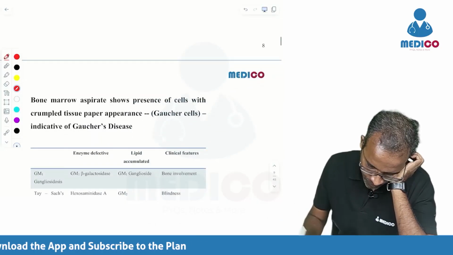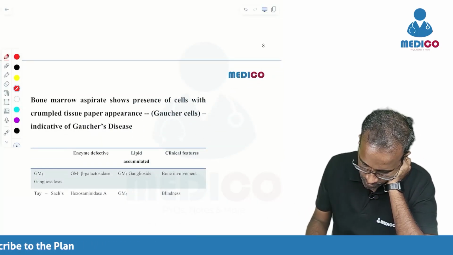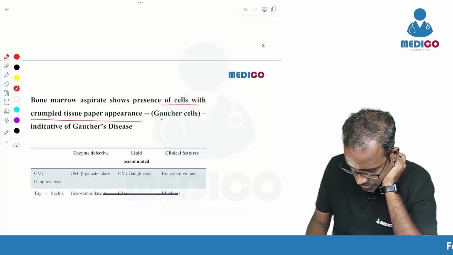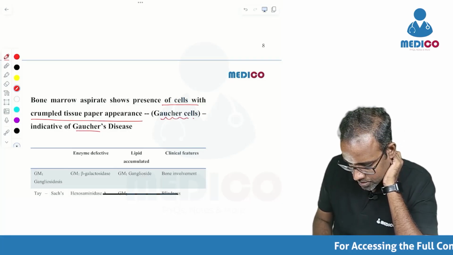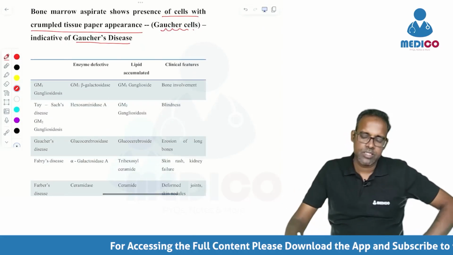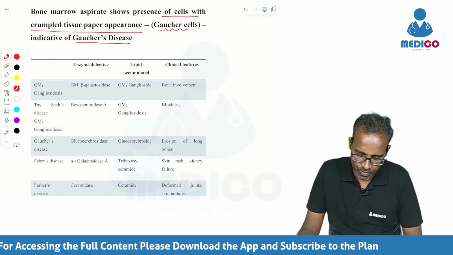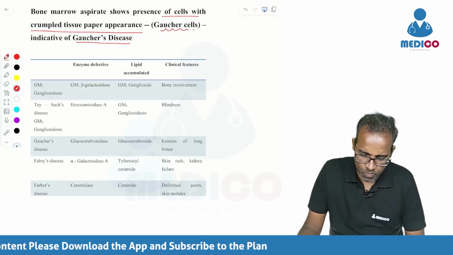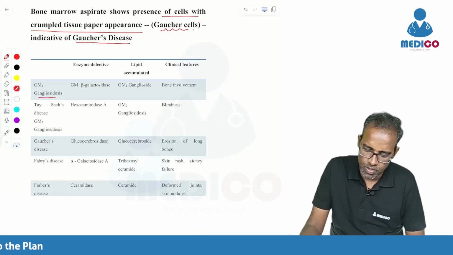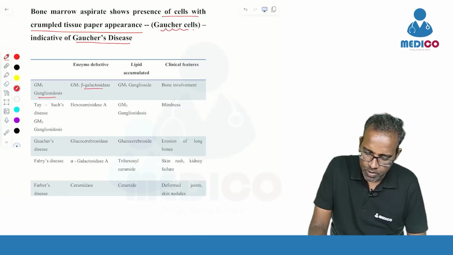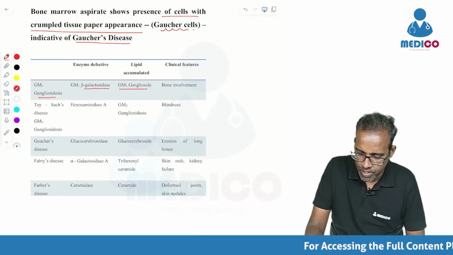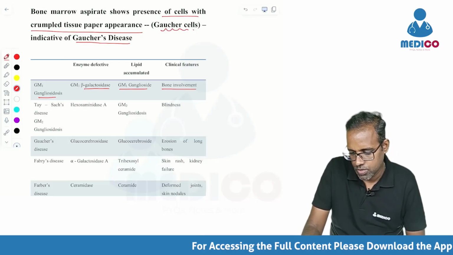Okay, so I told you earlier, it's a bone marrow aspirate showing the presence of cells with a crumpled tissue paper appearance, also called Gaucher's cells, characteristic of Gaucher's disease. There are various mucolipid storage disorders. GM1 gangliosidosis is caused by a defect in the enzyme GM1 beta galactosidase, so GM1 ganglioside will accumulate, and this mostly involves bones.